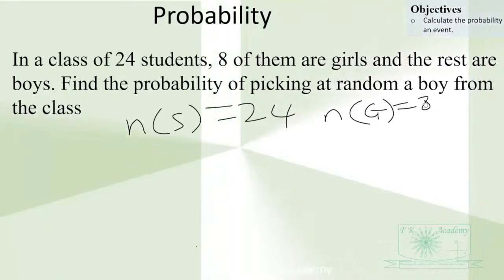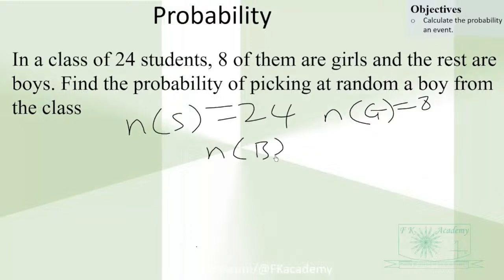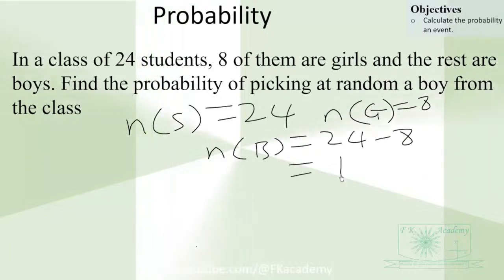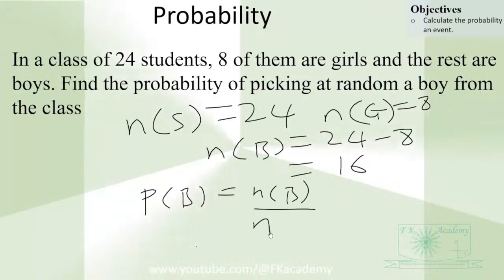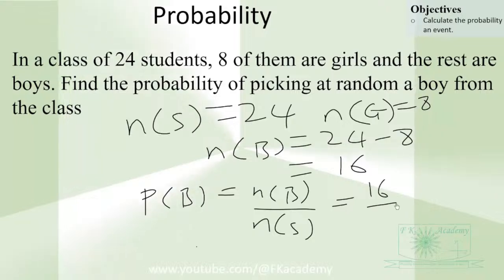We have to find the probability of picking at random a boy from the class. So that event is B, which is equal to 24 minus 8, which is 16. So the probability of picking a boy will be the number of boys over the number of elements in the sample space, which is 16 over 24.